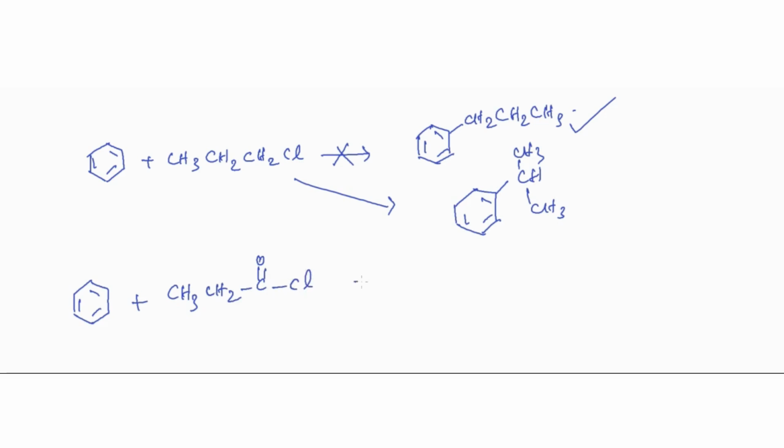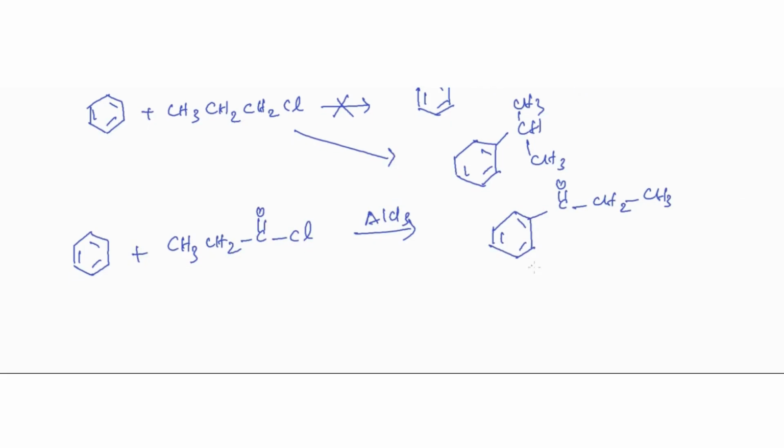Okay, and in this case, what will happen? We will get this product like this. If you do the Clemmensen reduction, that is zinc amalgam in the presence of HCl, this carbonyl group will be reduced to CH2.